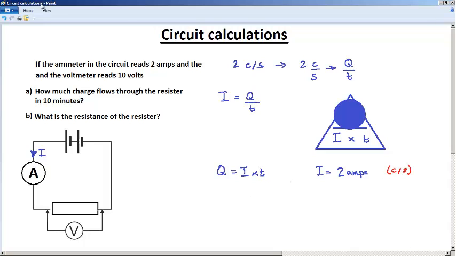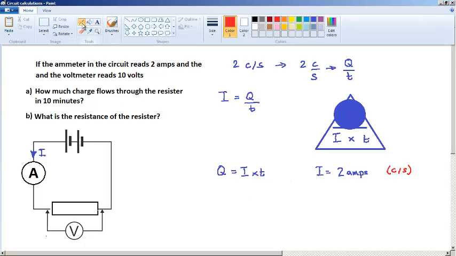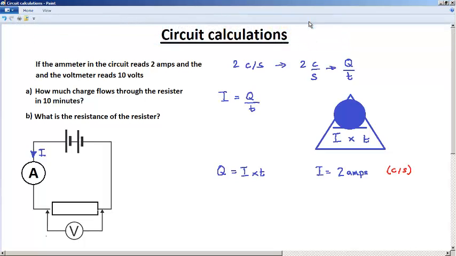So when we write out T, we've got to make sure that everything is consistent. So we cannot say T equals 10 minutes, because we're not dealing with minutes here. We're dealing with seconds. So we need to change that to seconds, which is 10 times 60 equals 600 seconds.